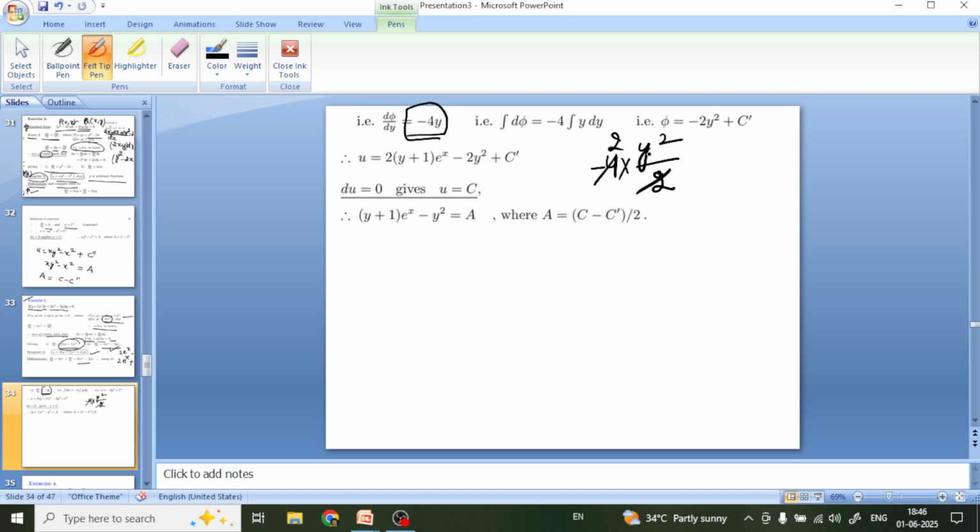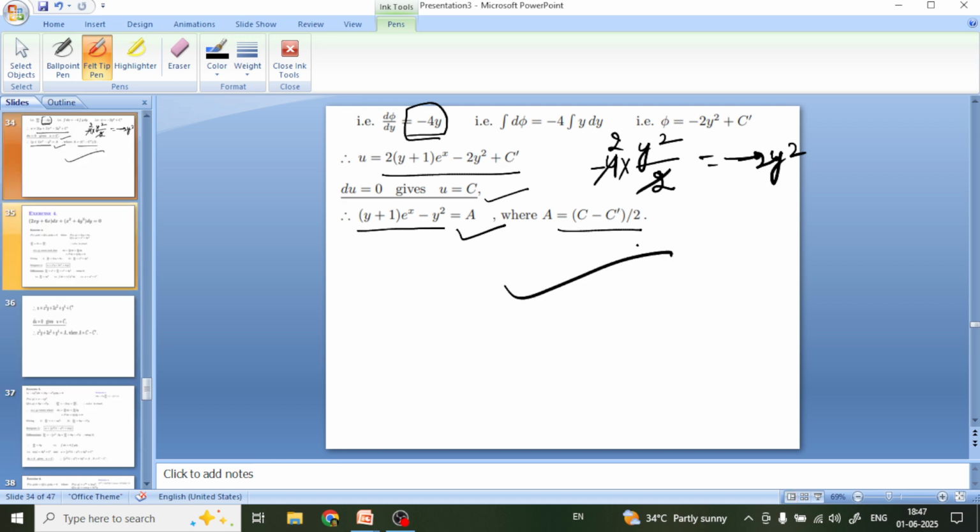When we solve it, you will find minus 2y square. After that, substitute the whole value. du is equal to 0, u is equal to c, and this value will be a, and a will be c minus c dash over 2.